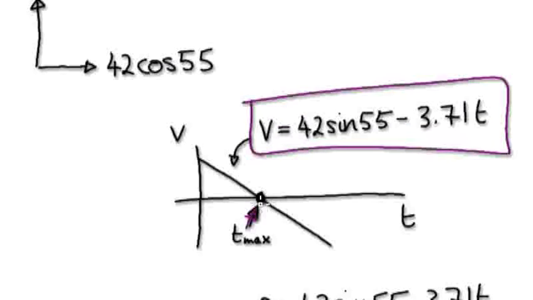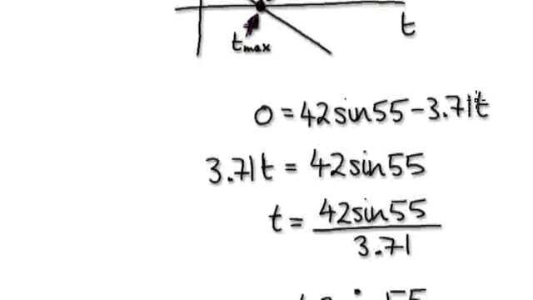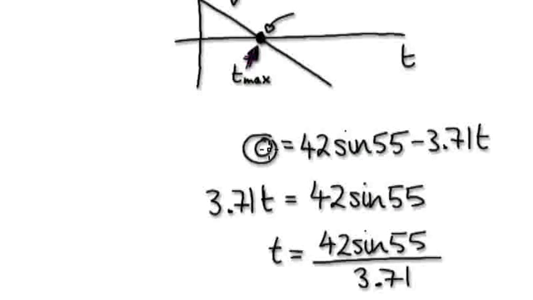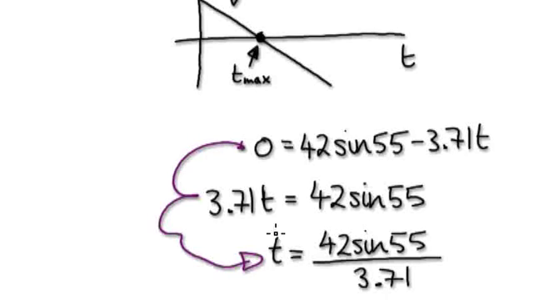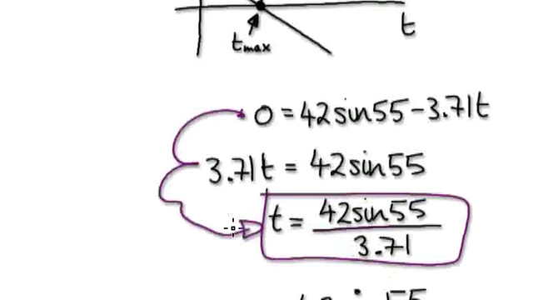The time it takes to get to maximum height is represented at this point here. So you put 0 into the v here to work out the time at maximum height. Put 0 into the v here, and then try and work out t. Then you will get to t equals this.